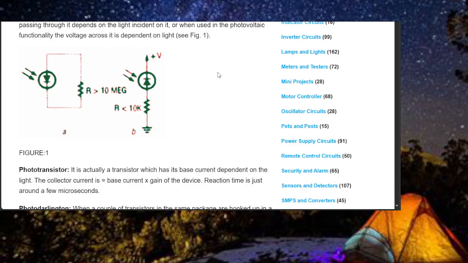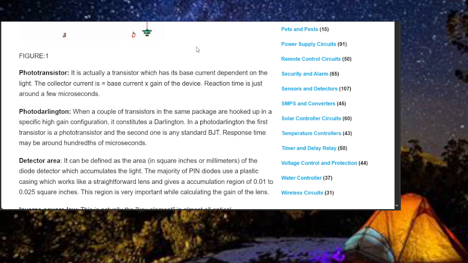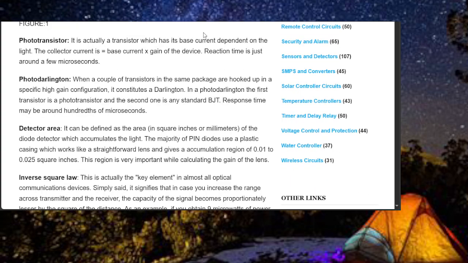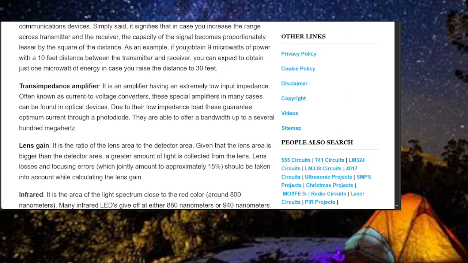So they're showing you two modes. One has a parallel resistor across it, and the next one has a series resistor, 10K. It's actually a transistor which has a base current, etc. They're talking about different things here. I don't know about a pin diode. It's an infrared diode.